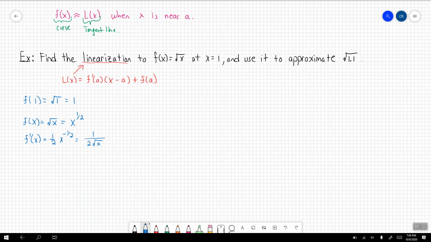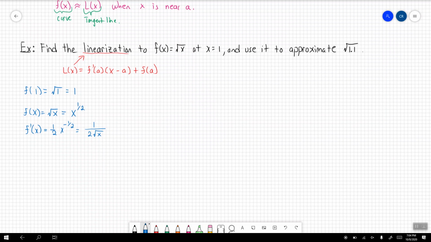Now that we have the derivative, we need to calculate the slope of this linearization by evaluating at the value of 1. In other words, f prime of a. So making that substitution, we get that f prime at a is 1/2.